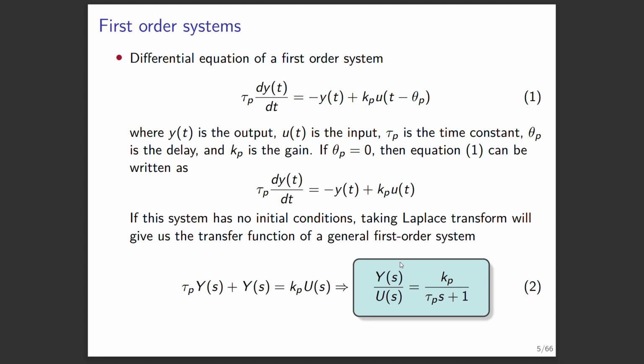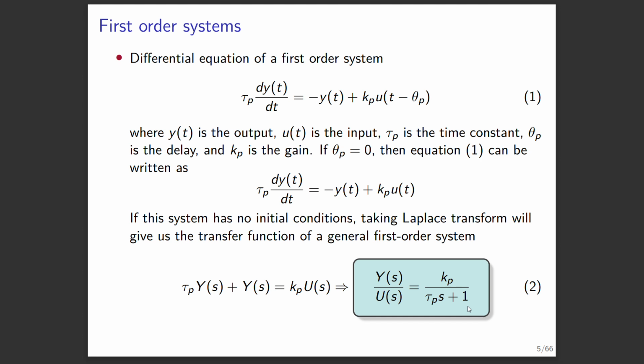So for a first order system, its transfer function is going to be equation 2, the ratio of output to input, which is the transfer function's definition, is a fraction with no zeros, right? There's no s in the numerator, and only one pole. What's the pole here? It's -1 divided by tau p. So the first order system's transfer function has one pole.